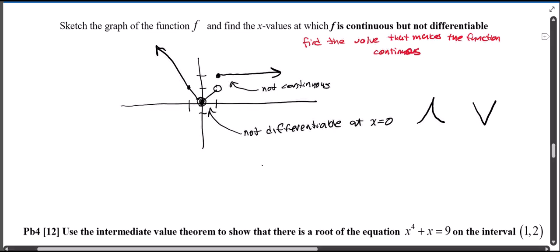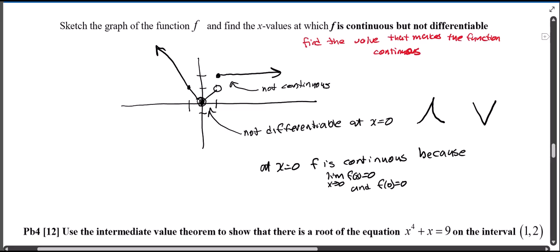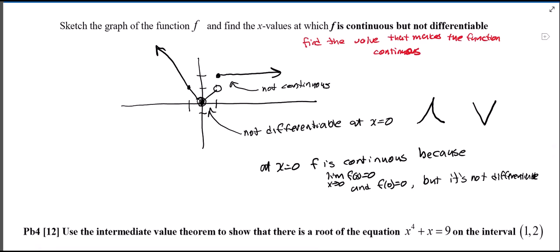So the answer to this question is at x equals 0, f is continuous because the limit as x approaches 0 of f of x equals 0, and f of 0 equals 0, but it's not differentiable. All right.